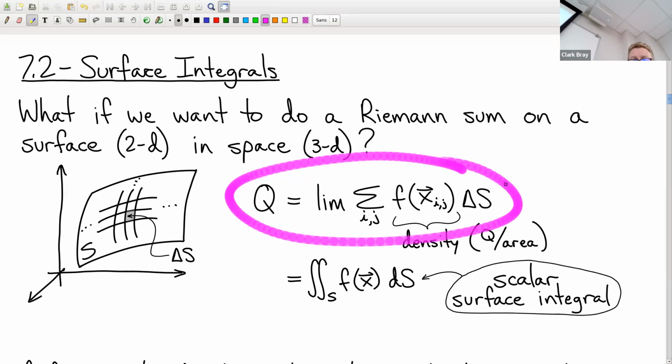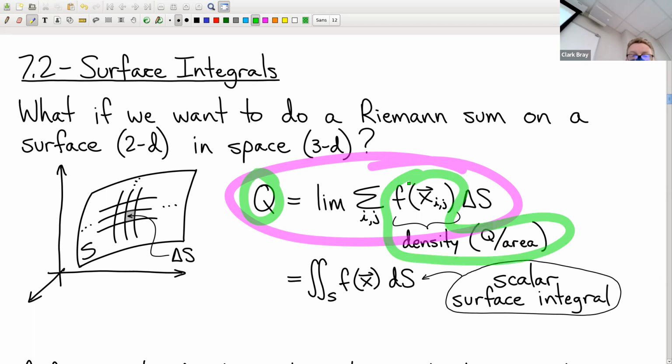And I just say, look, whatever it is that I'm interested in computing, maybe I'm interested in computing mass. Well, then there's a corresponding notion of density. If you're interested in mass, you'd be looking at mass per unit area that you would then multiply by area.